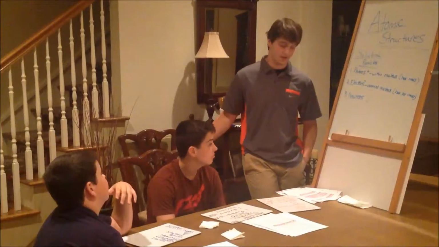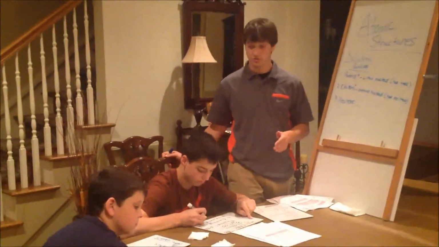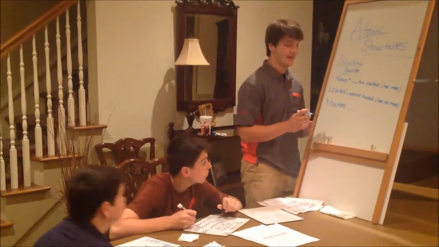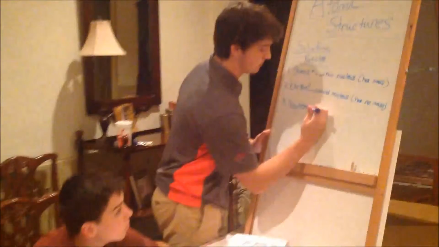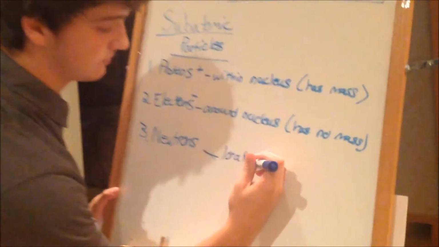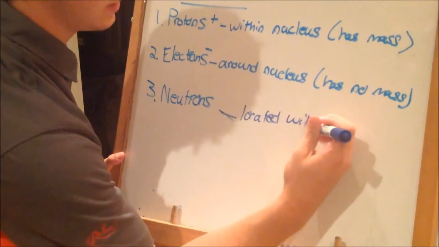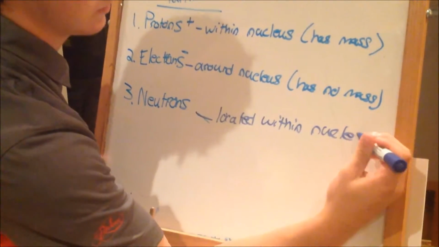And lastly, neutrons are neutral particles located within the nucleus and do have a mass. So neutrons are located within the nucleus and they do have a mass.